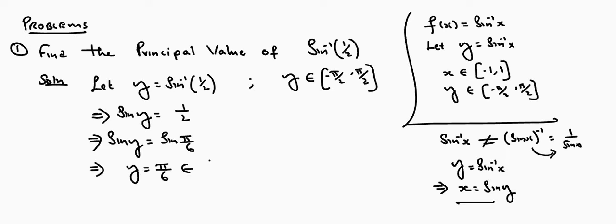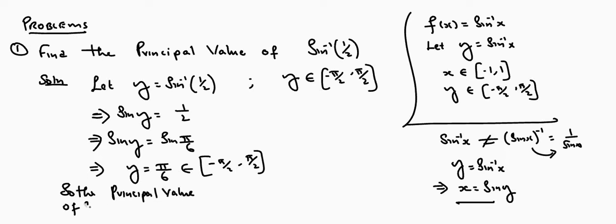Clearly it is an element of minus 90 to 90. So the principal value of sin inverse 1 by 2 is pi by 6.